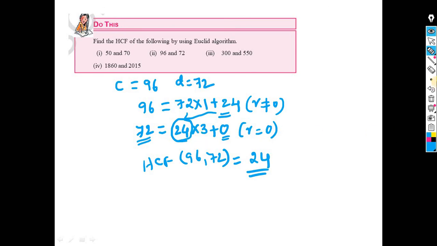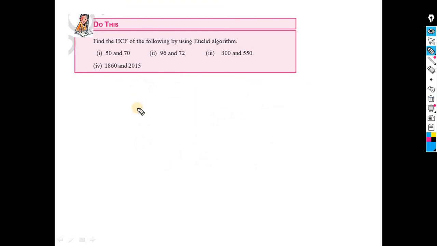Similarly, if we look at the third one, I hope you got it now. 300 and 550. What is your C value? C value is 550 and D value is 300.